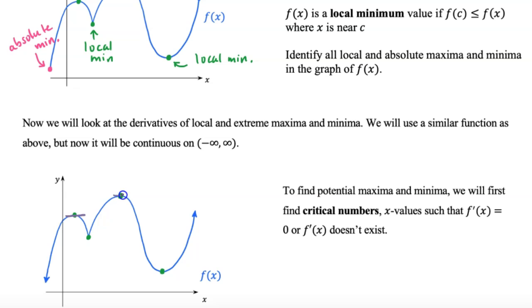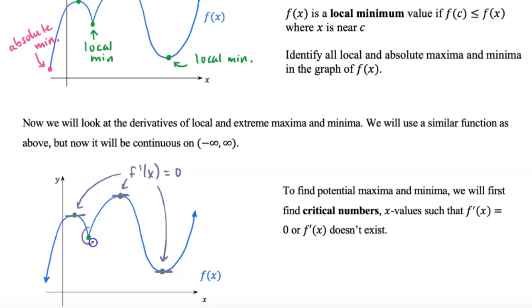Well, in the same way, at that peak, my tangent line would also be horizontal. At this valley, at this local minimum down here, the tangent line would also be horizontal. At all 3 of these points, would we agree that my derivative is equal to 0? I know a horizontal tangent line has a slope of 0. So here, here, and here, f prime of x is equal to 0.